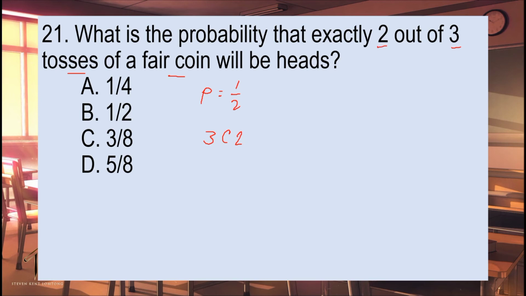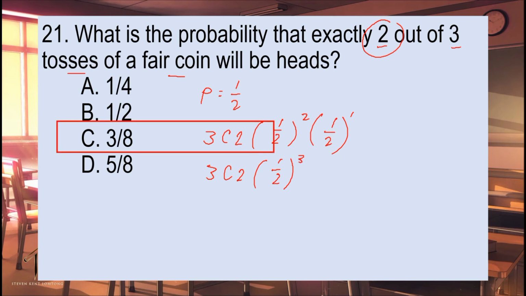So 3C2 multiplied by the probability of success, which is 1/2, raised to 2, since we're looking for this one. And of course, multiplied by 1/2 also, that's the probability of failure, raised to 1. Therefore, we have 3C2 multiplied by 1/2 raised to 3, and that is equal to 3/8.